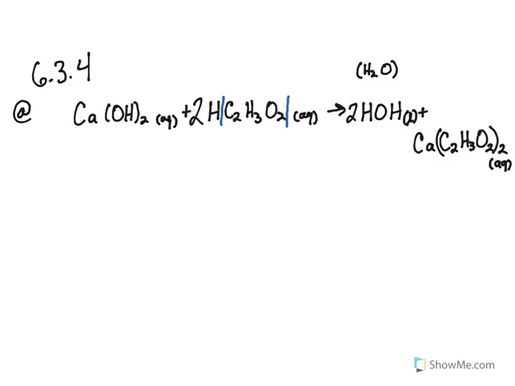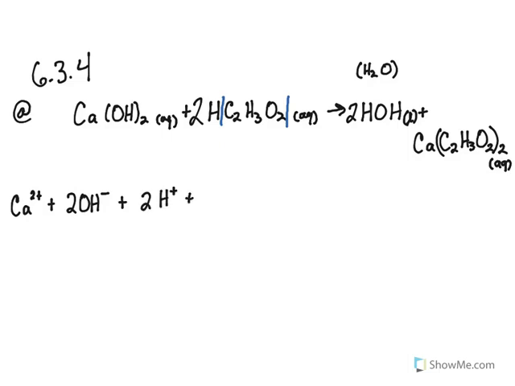So now I can write the total ionic equation by breaking everything that is aqueous into its constituent ions, making sure that I keep any sort of balancing or subscripts with me to keep the equation balanced.